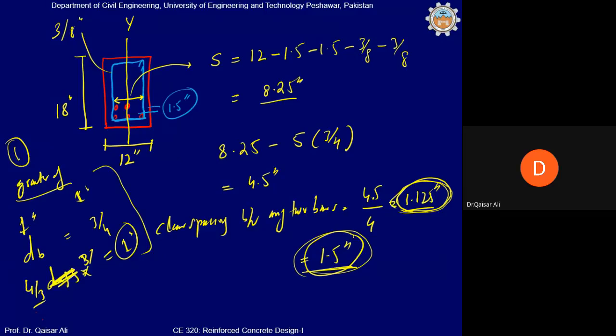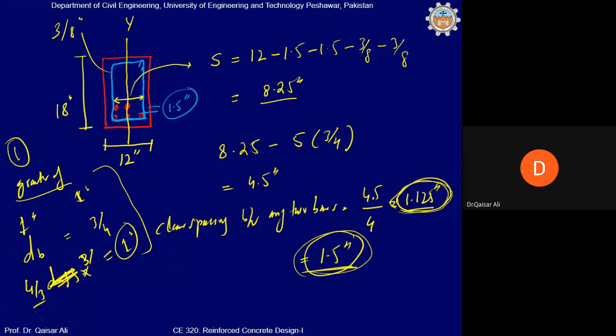So you can see that the bars provided in the second layer, they are not symmetric about the vertical axis. The bars provided at the left side, or the reinforcement provided at the left side, is more than the reinforcement provided at the right side of the section.